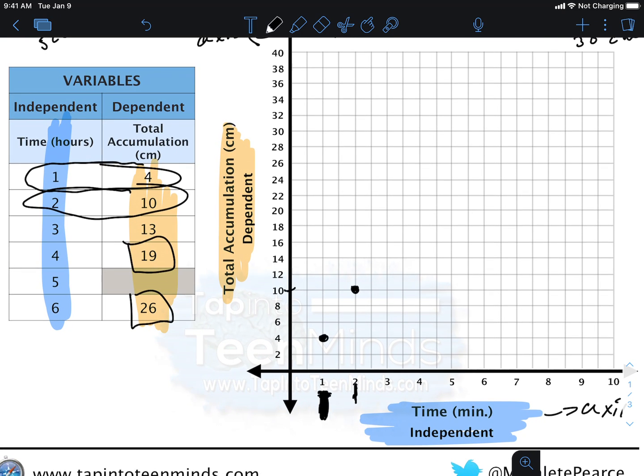What's the next one? 3 and 13, right? So I go find 3 on the blue piece, and I gotta go find 13 on the orange one. So 3 and 13. What's the problem though? Do I see 13? Kiriana. Okay, good. So this axis here, the orange axis, is counting by 2s.